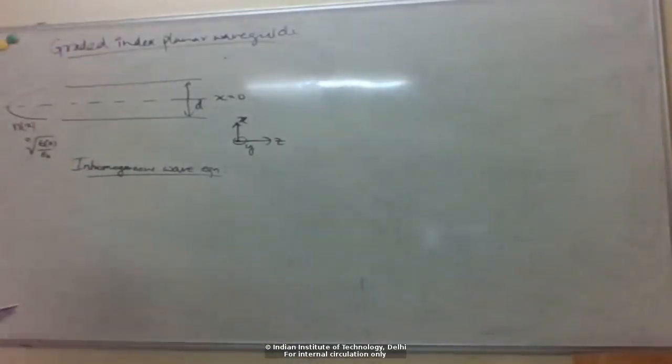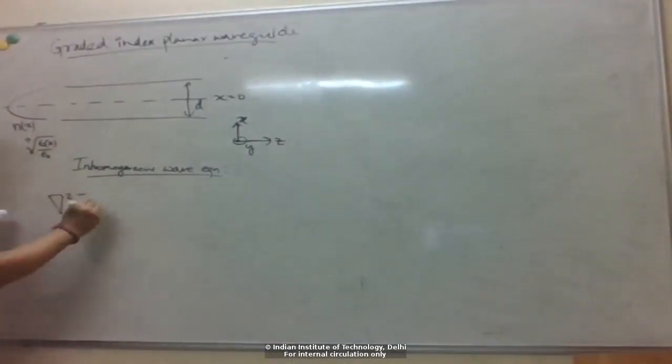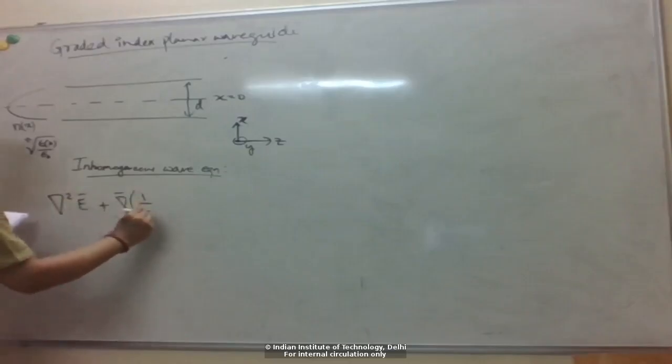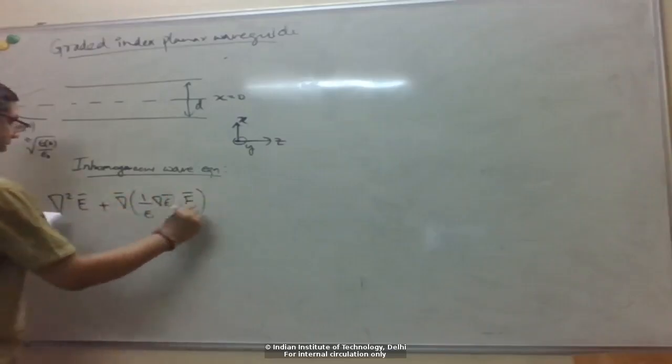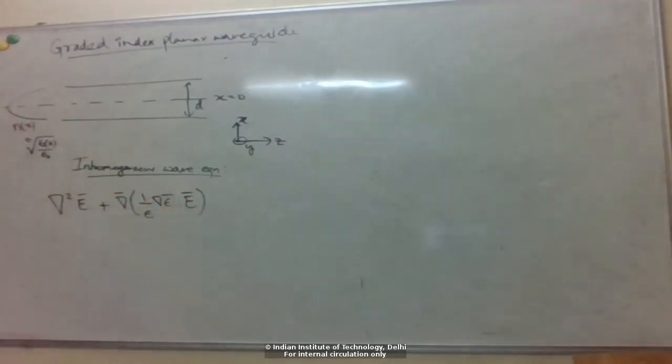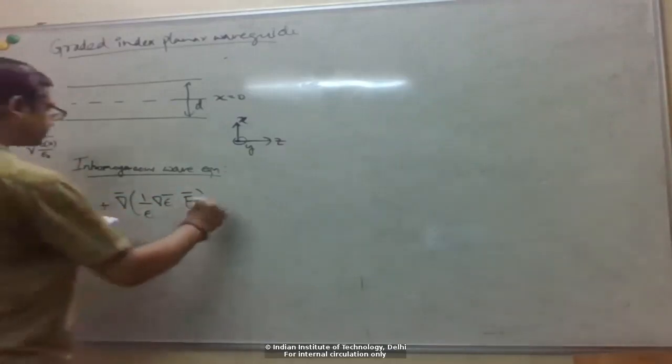Okay, so recall that when we were deriving the wave equation, we had a term which we neglected for homogeneous media. We had this term which depended on the gradient of the dielectric constant.